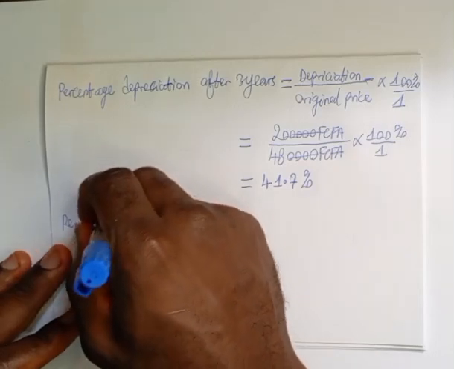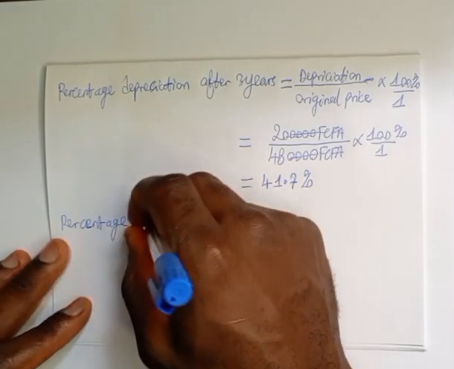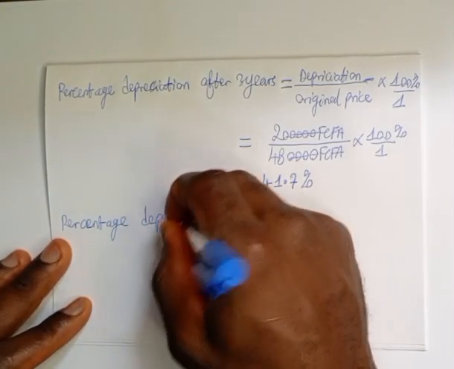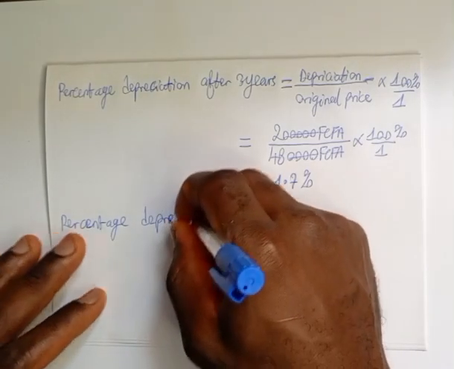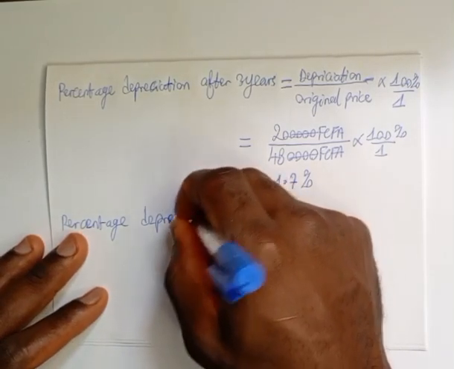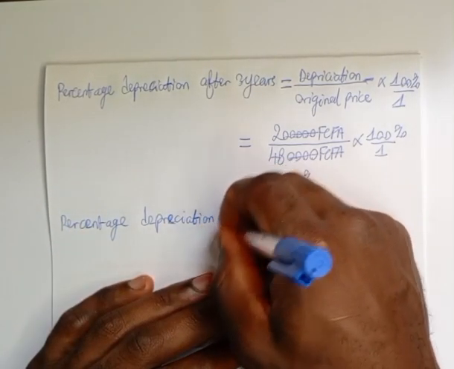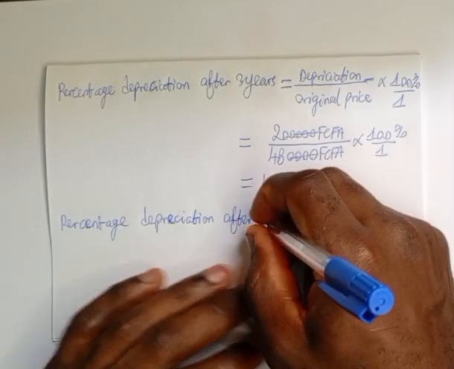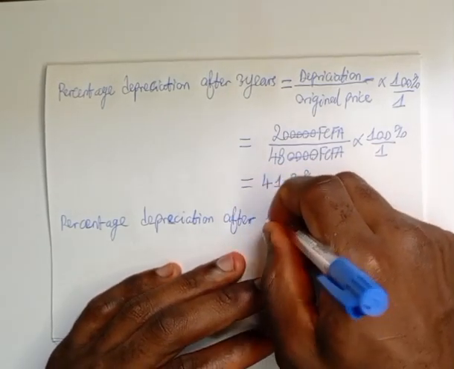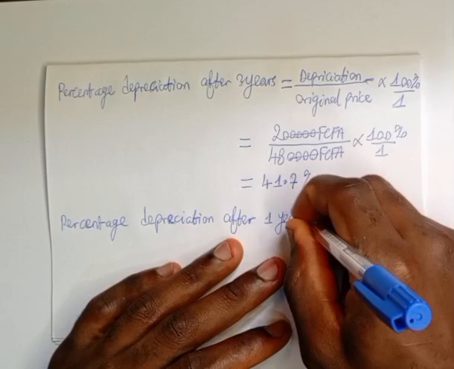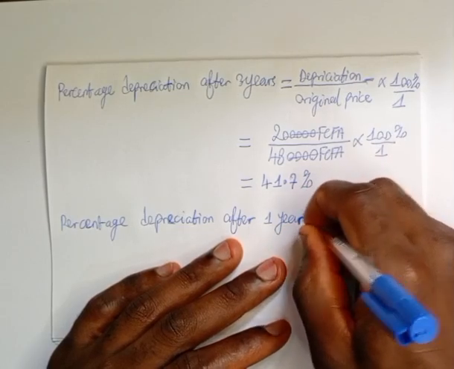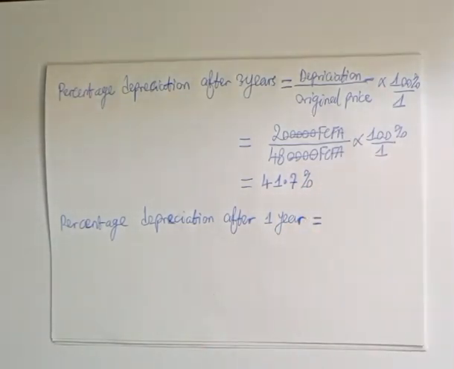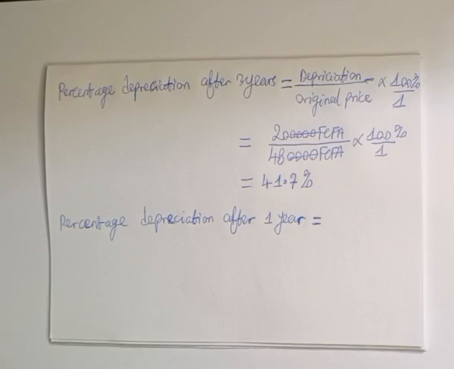Percentage depreciation after 1 year will simply be equal to, we are simply going to divide the percentage depreciation after 3 years by 3.